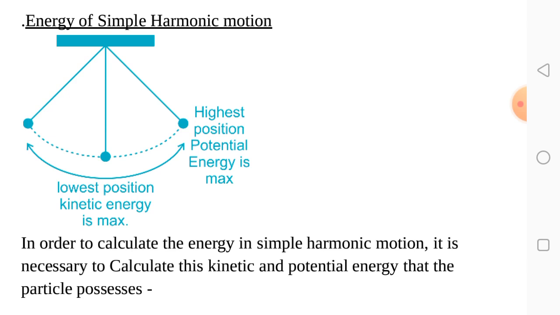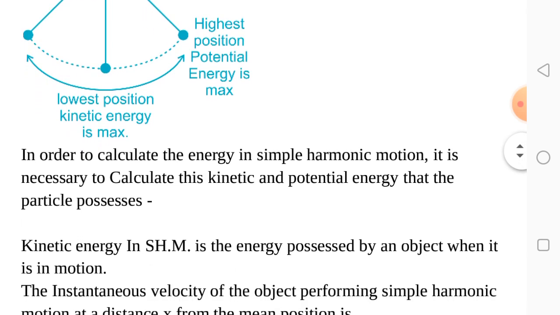But at the lowest point that we are looking at, the kinetic energy is at maximum, because that is where the action is taking place. There's movement, and this point is our midpoint, where the kinetic energy is maximum while the potential energy is equal to 0.